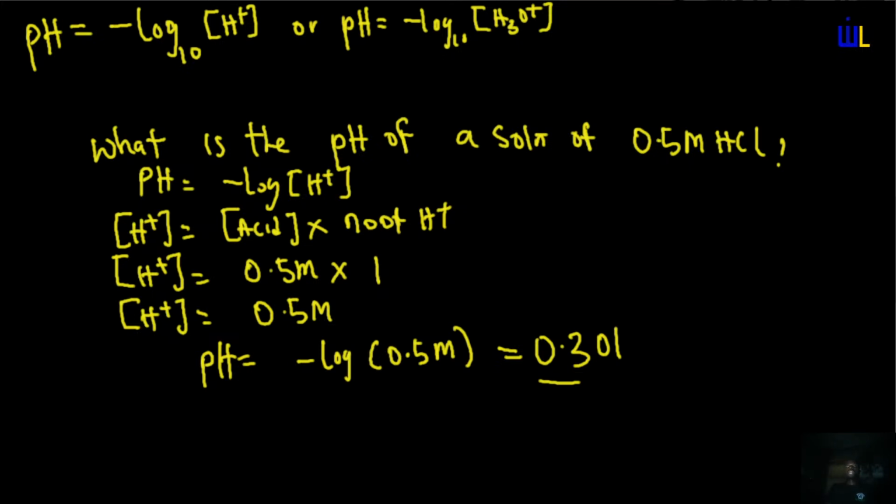I think with this we can move ahead into the other part, which is pOH. Now, having said this, let's take this out. When they say pOH, pH, as you said, is negative log of the concentration of hydrogen ion.